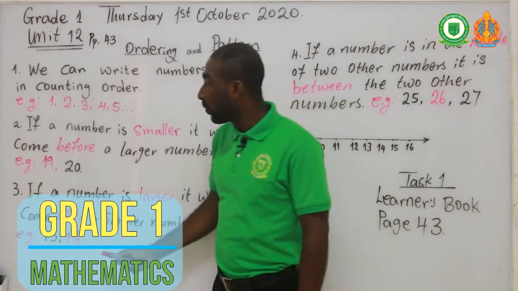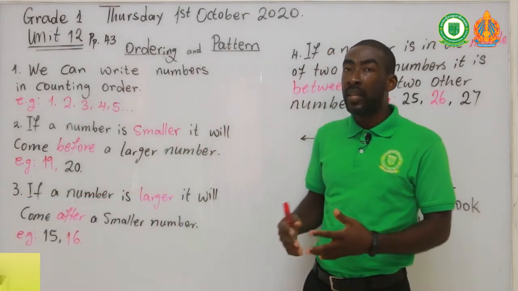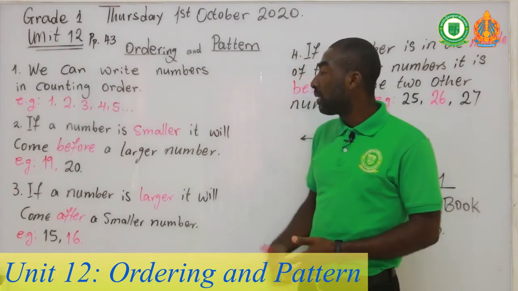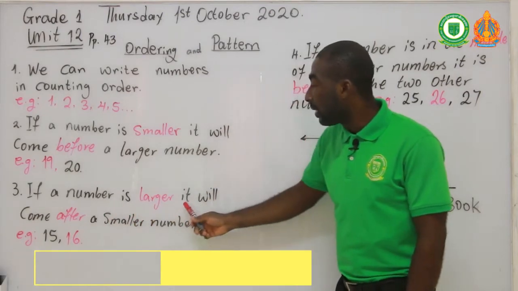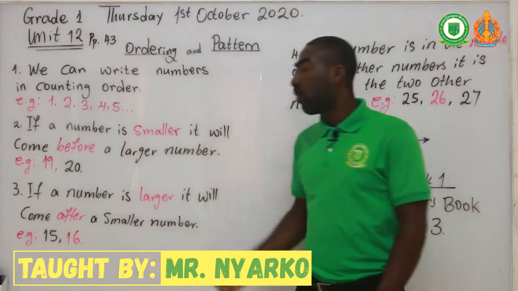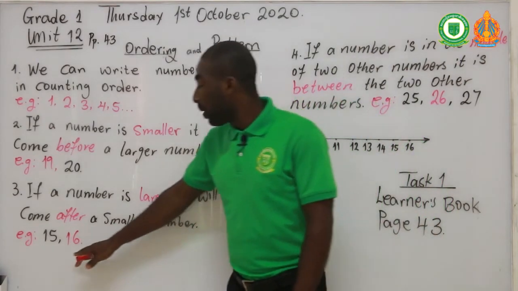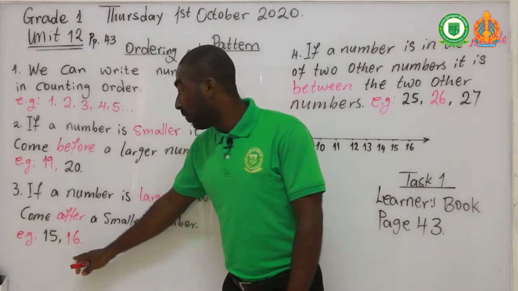Okay, let's see the next one. If you are putting your numbers in order and you are starting from the largest one, it means that the larger one will come before the smaller one, okay?